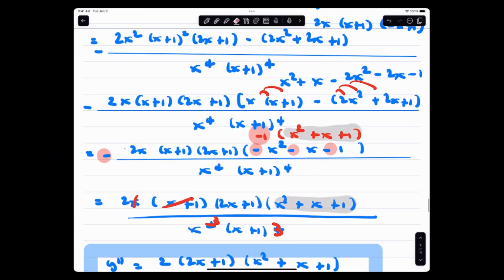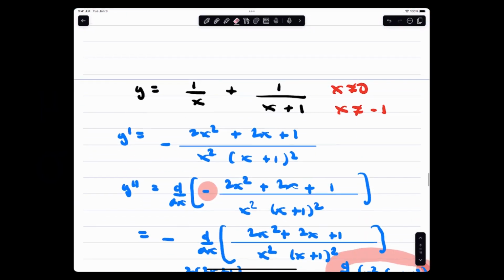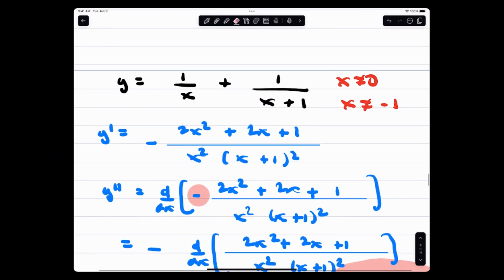Just to be complete here, go back to the original function. Remember, this function has vertical asymptotes at 0 and -1. So you might even say to me, well, how do we know? Well, because you set those denominators equal to 0 and you find that there's vertical asymptotes, right?